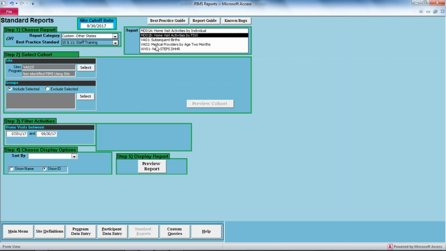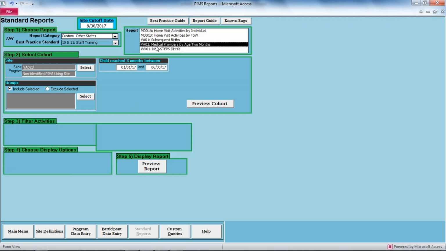So, we're only in this particular window, we're only going to use the medical providers by age 2 months at this point. But every time you select a report, the parameters that are available to you can change. So always select the category, select the report, and then proceed with the next steps.